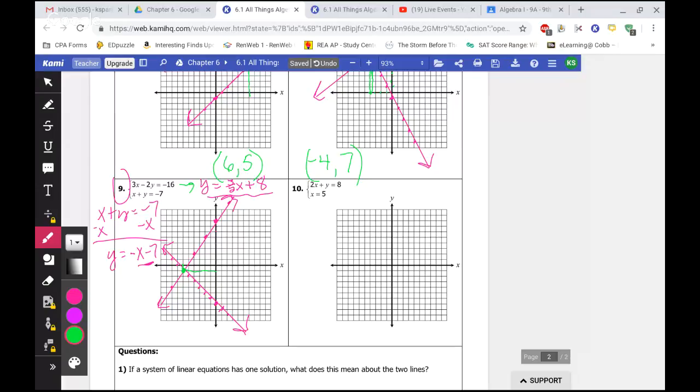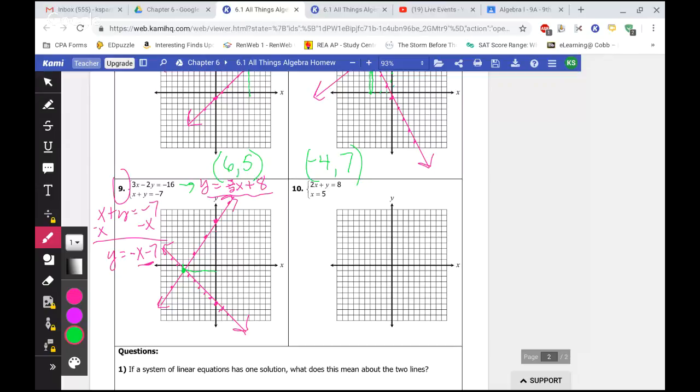For number 9, what are the coordinates of the intersection point? What the ordered pair is? Anyone? Anybody out there? -6, -1.